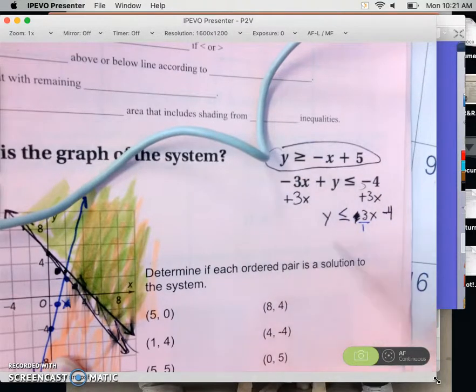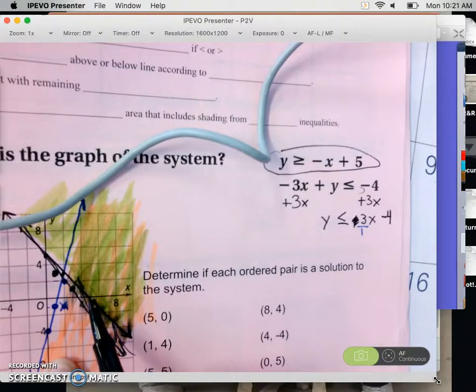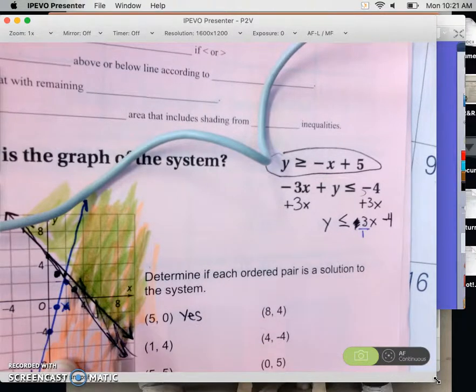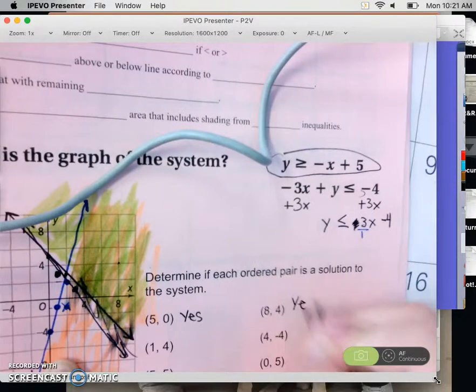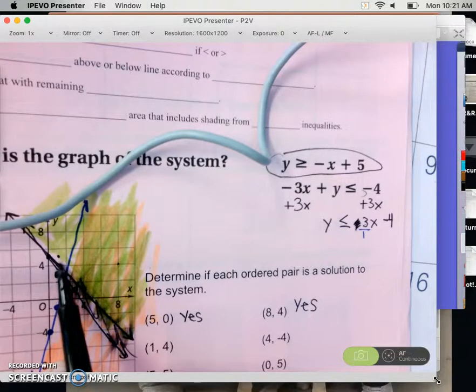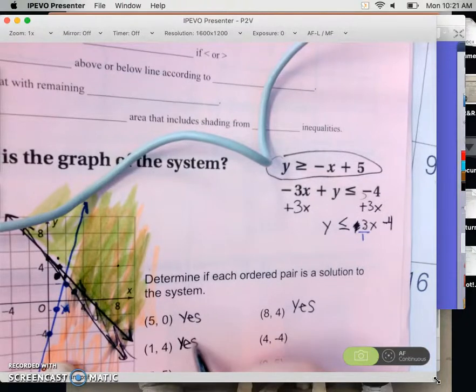Okay, so 5, 0, over to 5 would be here, up 0, so yes. 8, 4, so over to 8 and up to 4, that would be a yes. Over to 1 and up to 4 would be here. Nope, would be here. So that would be yes.